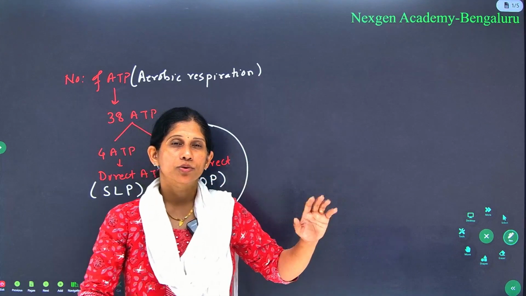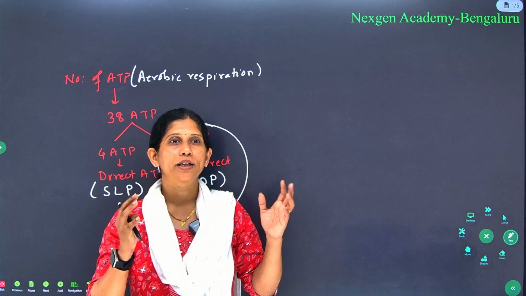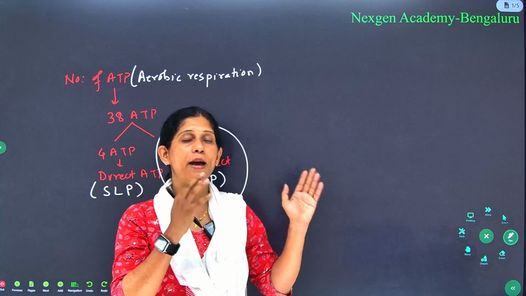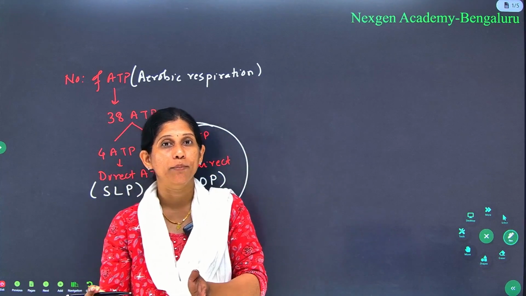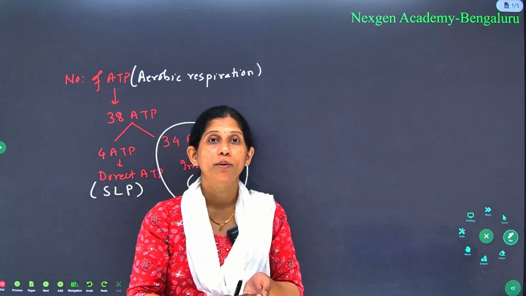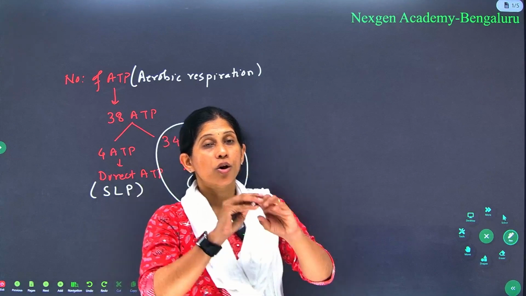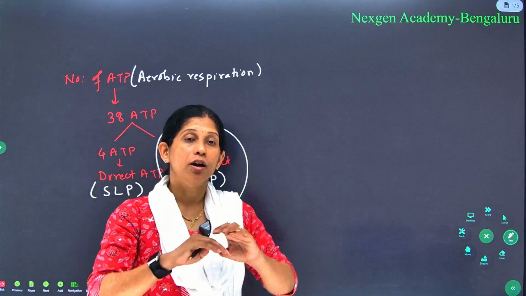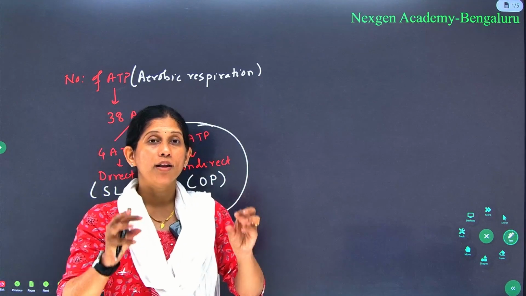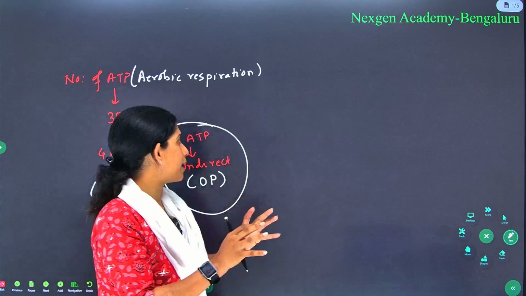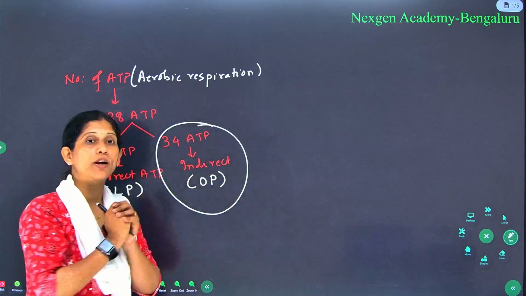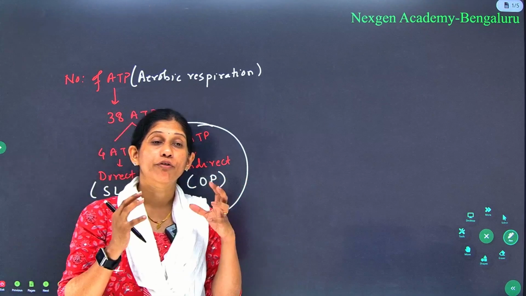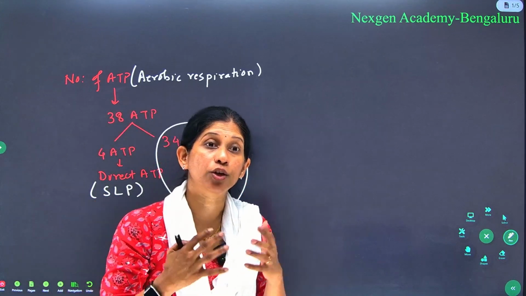So so many terms are there. One way, electron transport is happening, then we are talking about chemiosmosis, and we are also talking about oxidative phosphorylation. All these three words are not the same, but all three processes ultimately help in the formation of how many ATP? 34 ATP molecules, which is a huge number.